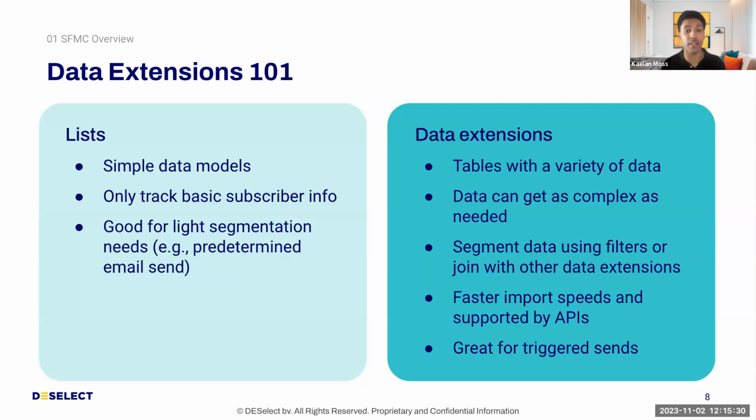You get great gas mileage. But look at a data extension more like that V8 sports car where you can go really fast, really far, and you can modify and customize it however you want it to look and feel. And with that, you can start to see how the lists and data extensions are a little bit different. So hopefully that visual gives you a good representation of the difference between the two.